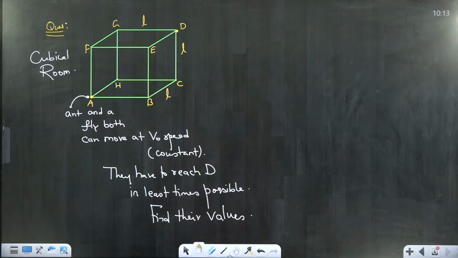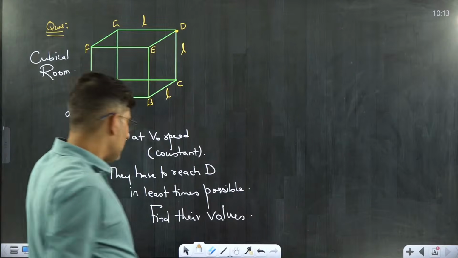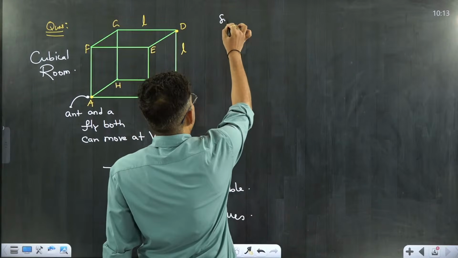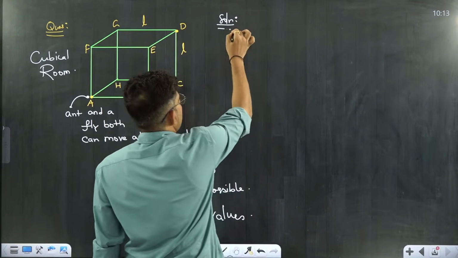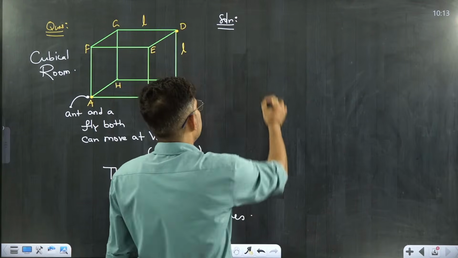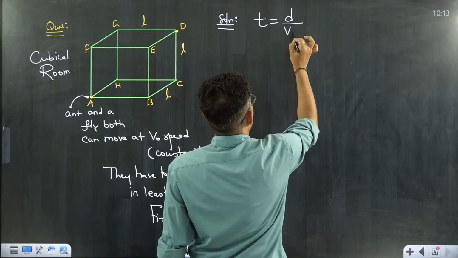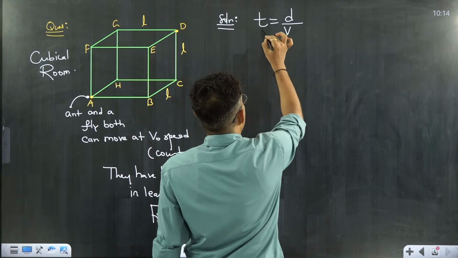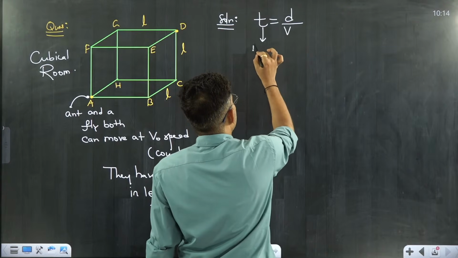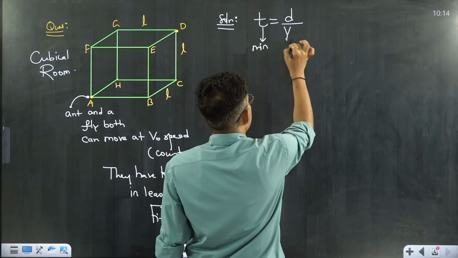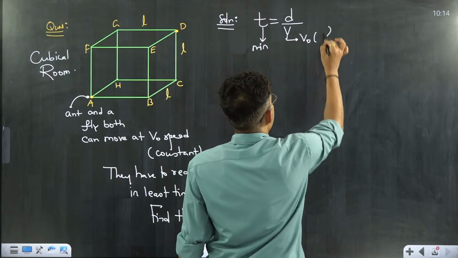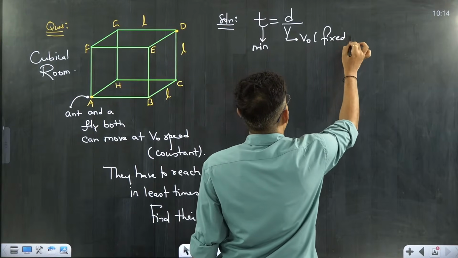Let's see. First of all, we will go by the basic concept, not just randomly giving the answer. When I say time, time we know is distance traveled by the speed. Now I have to make the time minimum. This speed is V naught, and this value they have given is fixed.